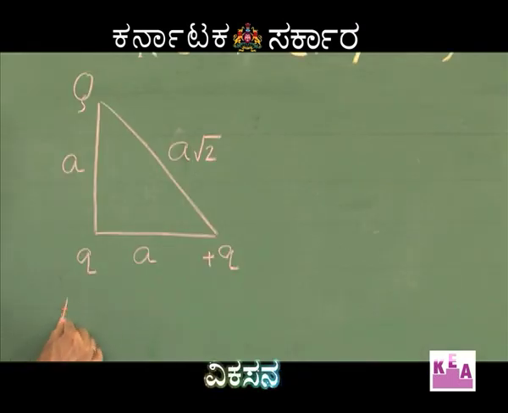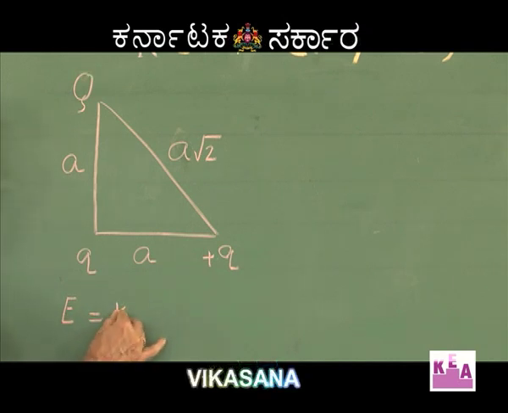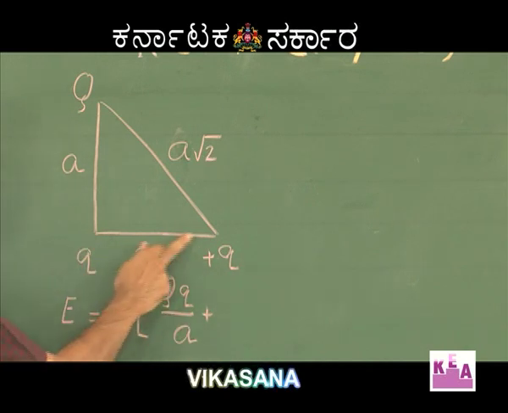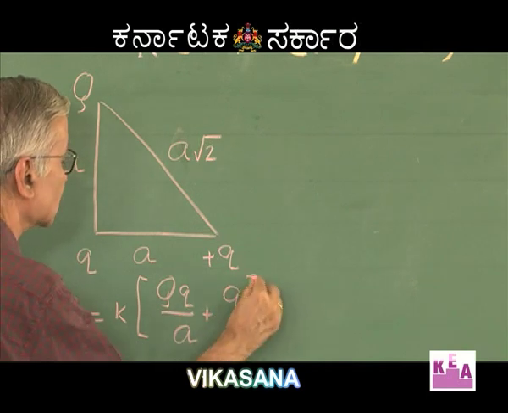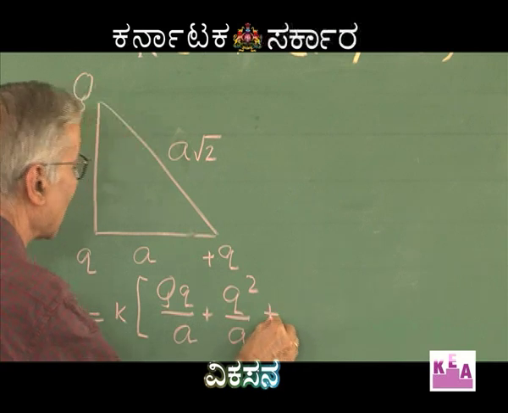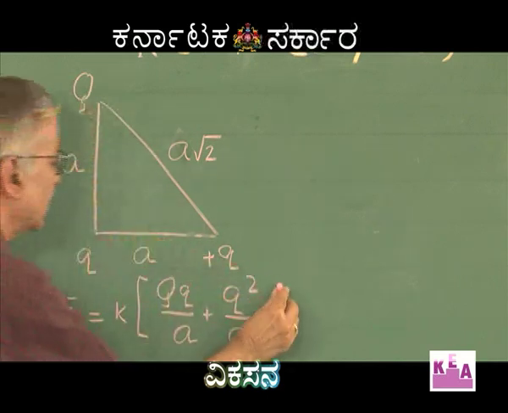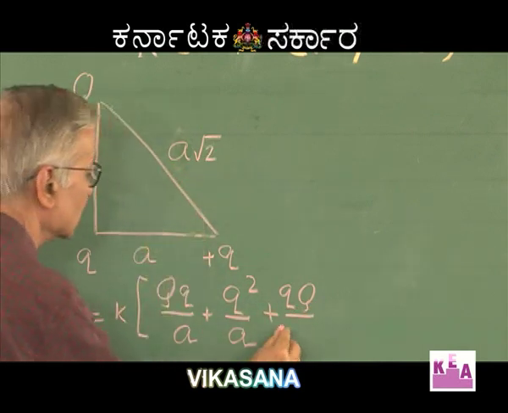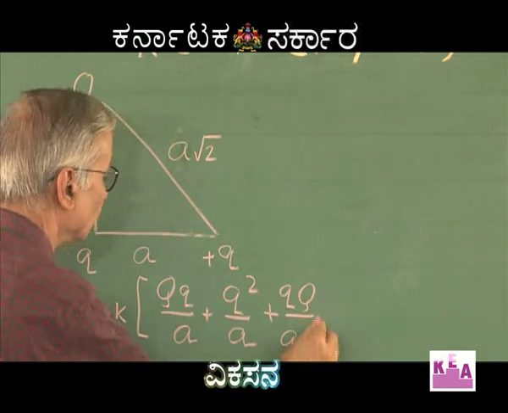Therefore, the electrostatic energy of the system E is equal to K into the bracket: Q into q divided by the distance A, plus, if I consider this, Q2 Q3, q into q, is q square divided by the distance, which is again A, plus this and this, again Q into q divided by the distance, which is going to be A root 2.